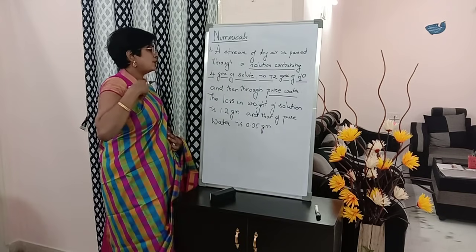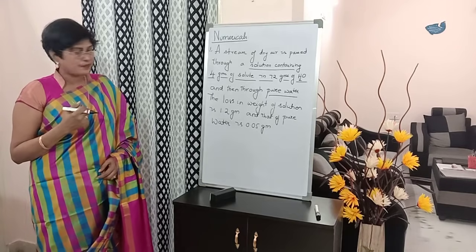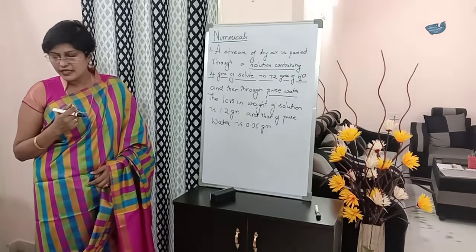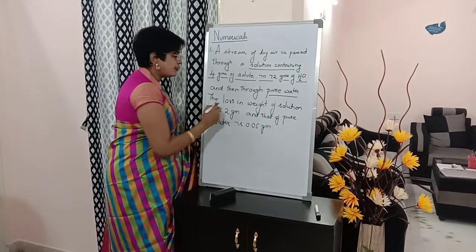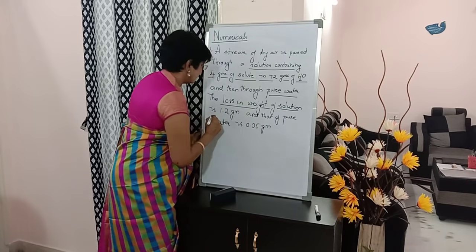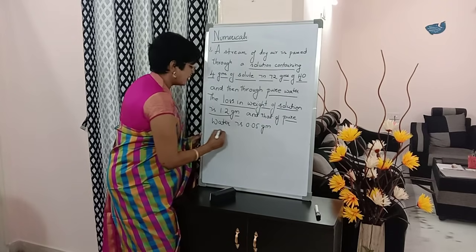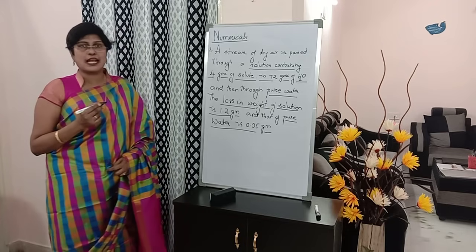Again, second sentence: the loss in weight of solution is 1.2 grams and that of pure water is 0.05 grams. So what you do, students? Underline it: loss in weight of solution is 1.2 grams and that of pure water, that is solvent, is 0.05 grams.